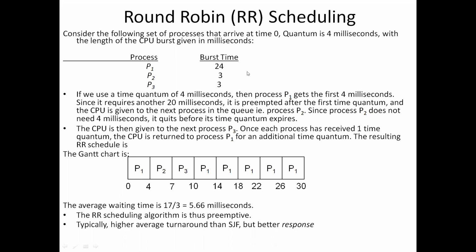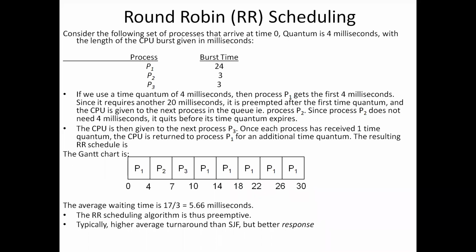We have discussed how the processes are placed in the ready queue: in first come first serve, first in first out manner. Here all the processes arrive at time 0, but the order of arrival we are considering is process 1, process 2, and process 3.